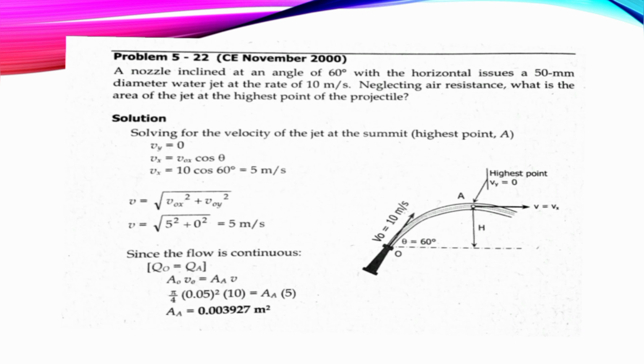Then solving for the velocity of the jet at point A, V will be equals to square root of V sub Ox squared plus V sub Oy squared, which is V sub Ox is equal to 5 and the V sub Oy is equals to 0.